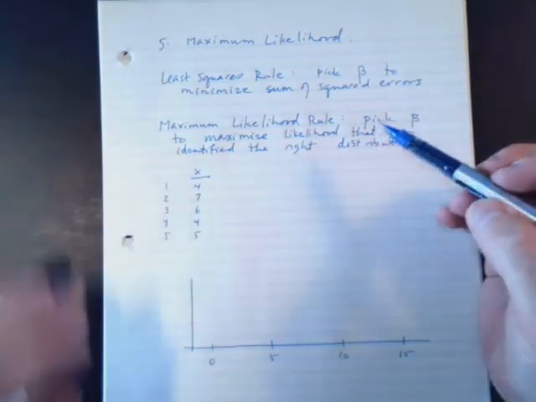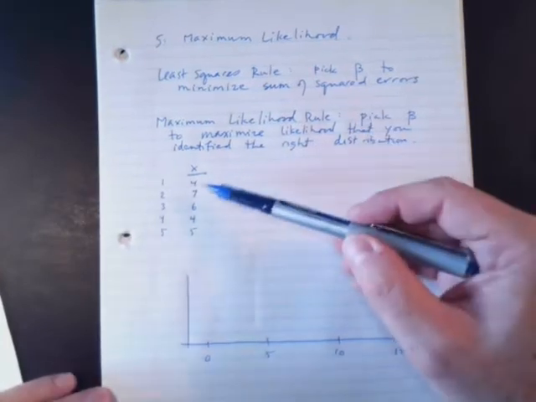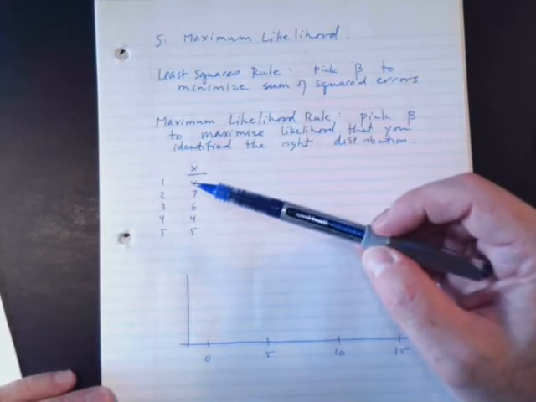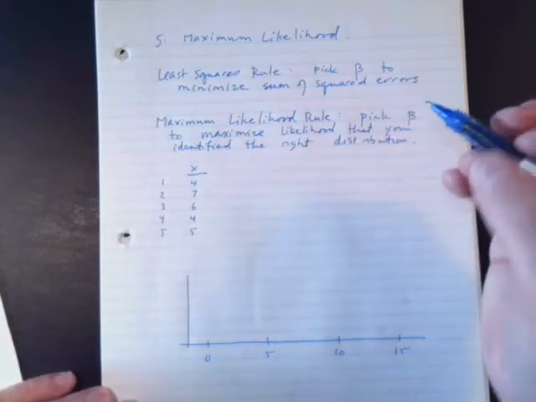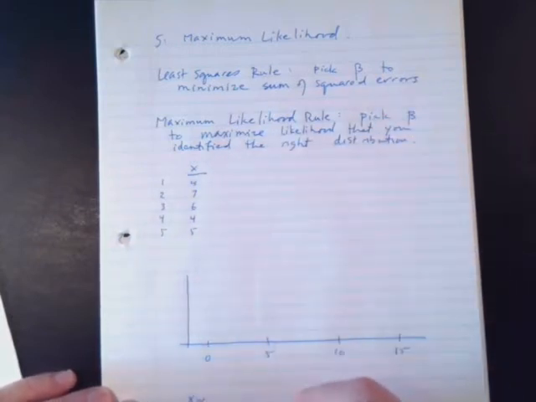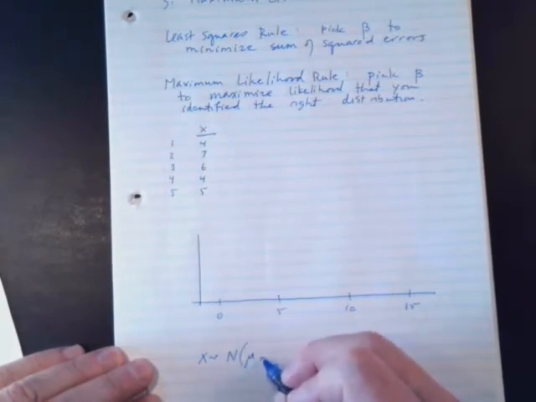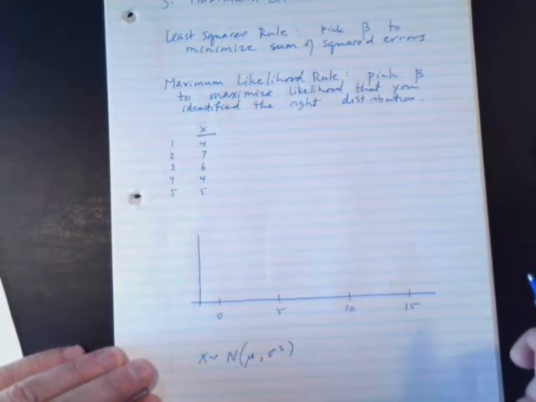Here's what we're going to do. We're going to try to guess. Let's suppose we knew these were normally distributed random numbers. So we're going to say that x is distributed normally with a mean of mu and a variance of sigma squared.